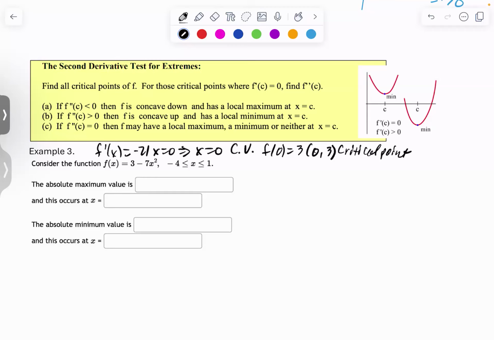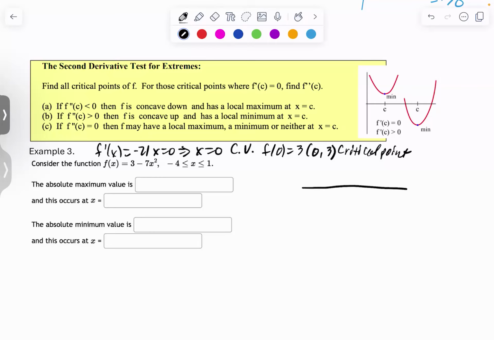All right, so let's do this. Actually, we don't know if that's a minimum or maximum yet.